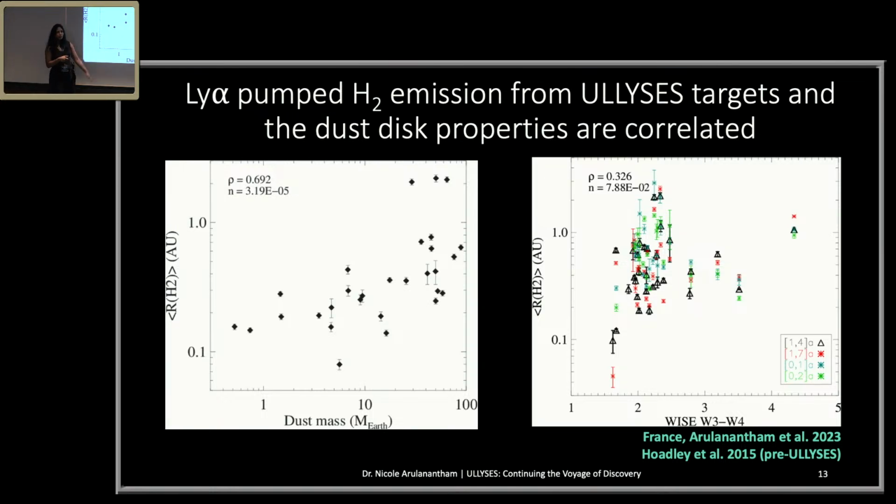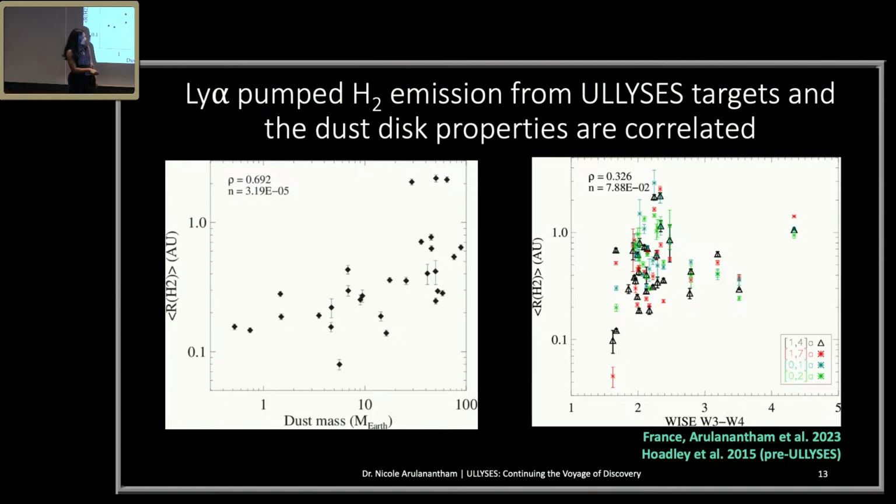On the y-axis of both panels, we're looking at that inferred Keplerian radius. And we find that our trends here again between the H2 emission, gas in the inner disk, and dust that we see.